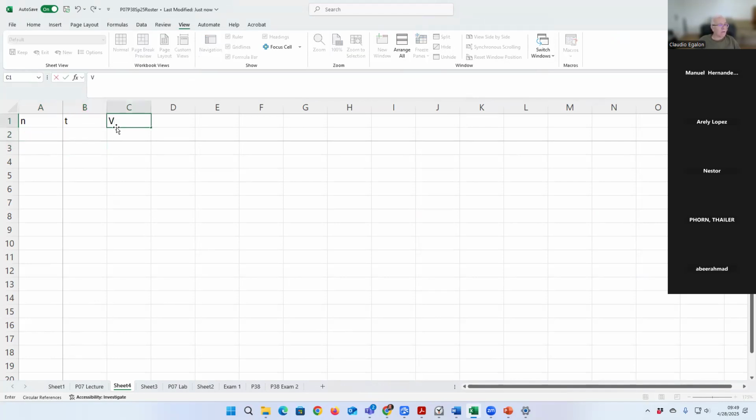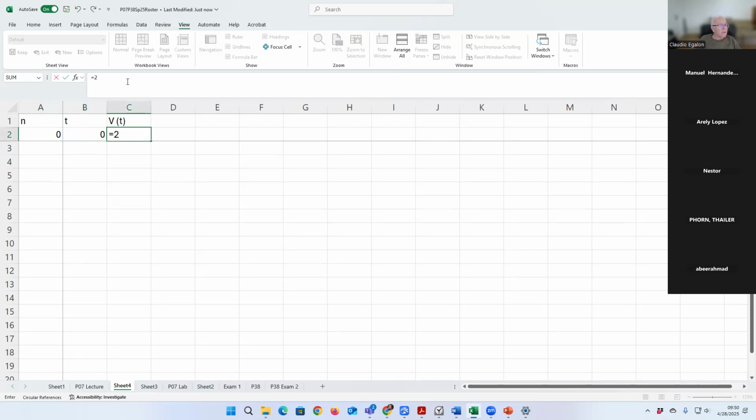I'm going to start with the voltage. The current would behave in much the same way. For N equal to 0, t is going to be equal to 0 as well, and I'm going to write down a function of time.